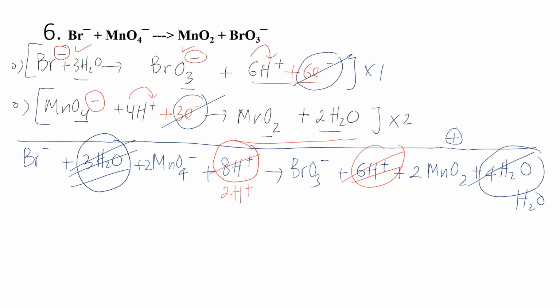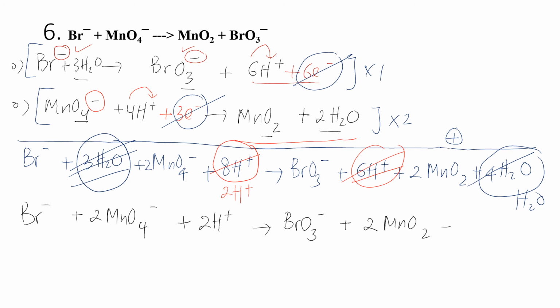Then we rewrite Br minus plus 2MnO4 minus plus 2H plus to form BrO3 minus plus 2MnO2 plus H2O.